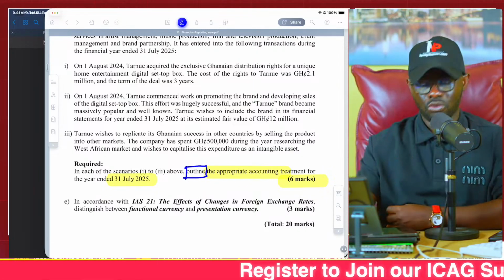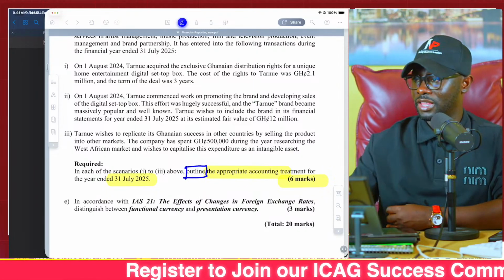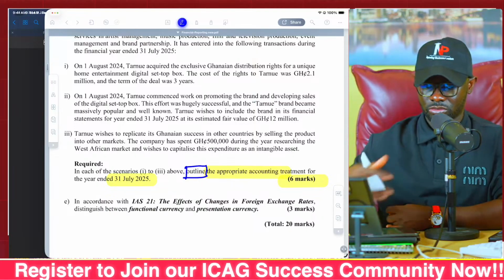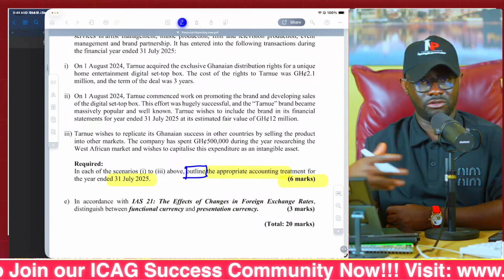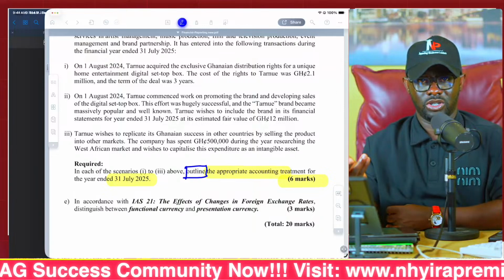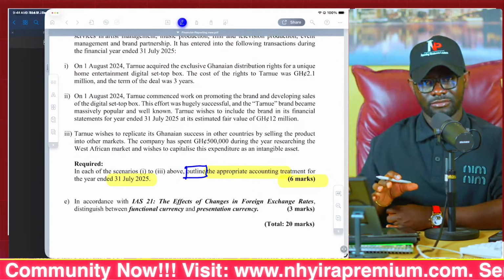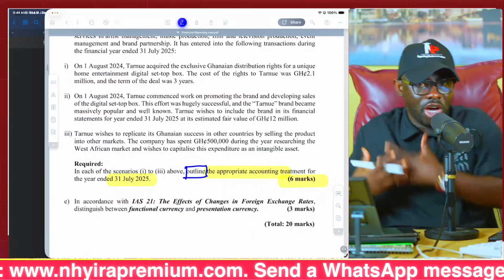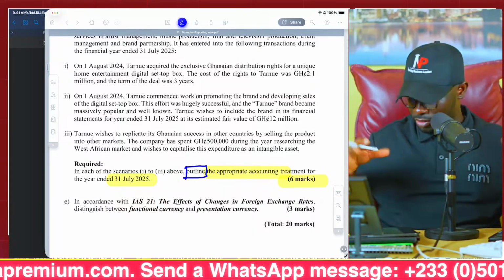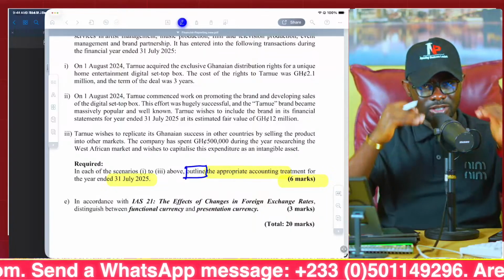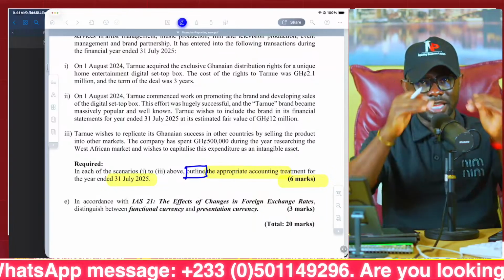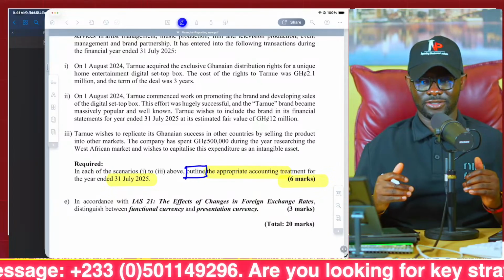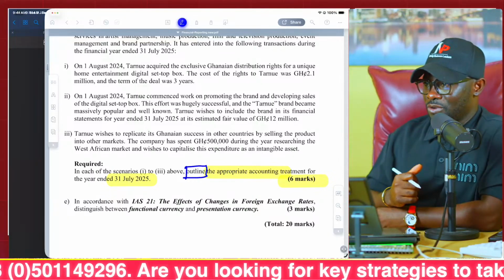When you are told to outline something, it means you are going to be making an explanation, writing an explanatory note. That's outline. Explaining something. So it's not about doing calculation and walking away. No. Explain. So the active verb outline: show us, demonstrate, write it out. Okay, so let's see what we got here.